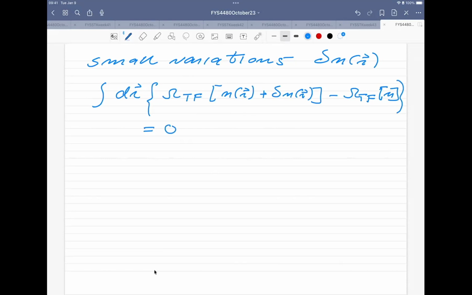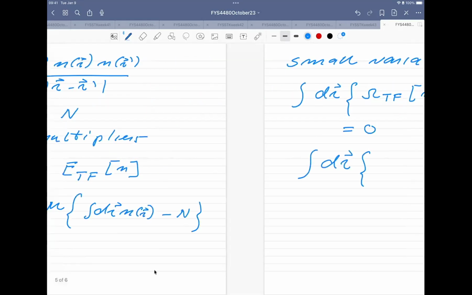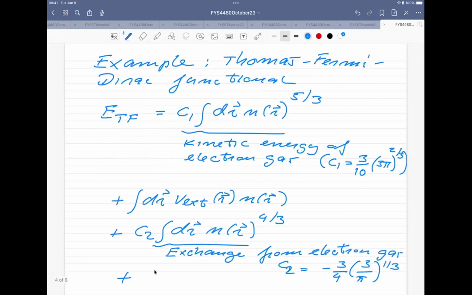Now, if we calculate, I'm going to set up the equations in a little more sloppy way, because we are now going to look at the functional derivatives. So if I take the kinetic energy term, we have here 5/3.